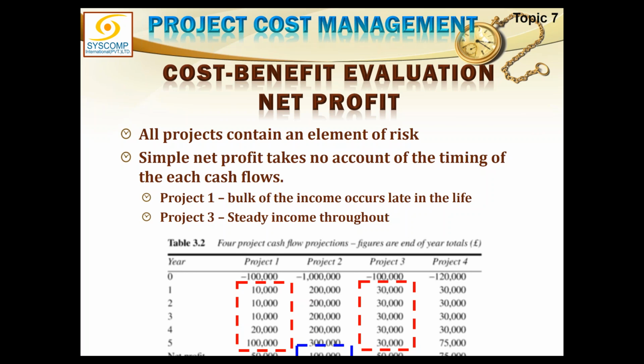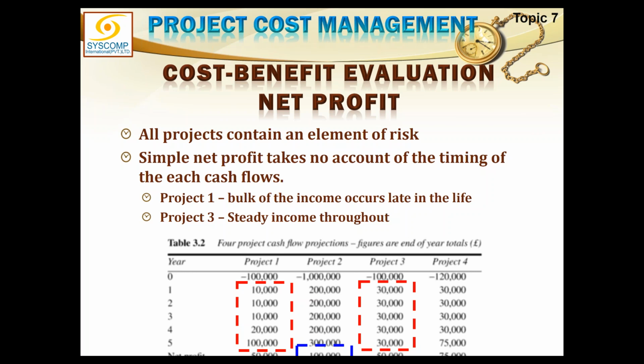So the investment going into project 2 is almost 10 times the other projects, and it is only giving 2 times more. This is not really very good. It means that investment has not been taken into account in calculating the net profit. If we somehow can take into account the investment, that would give us a better picture.